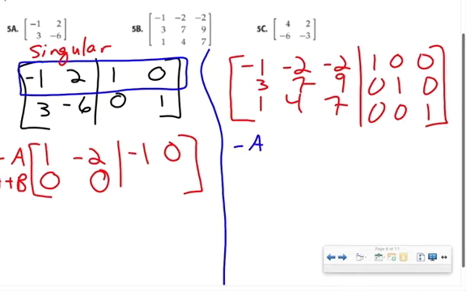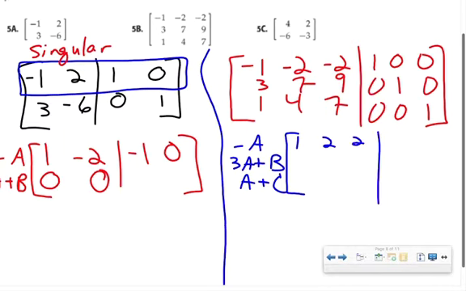So -A, and then my new B will be what I get when I multiply my old A times 3 and add it to B. And my new C, I can add my old A and C together and get my new matrix. So here's what it's going to look like. 1, 2, 2, -1, 0, 0.